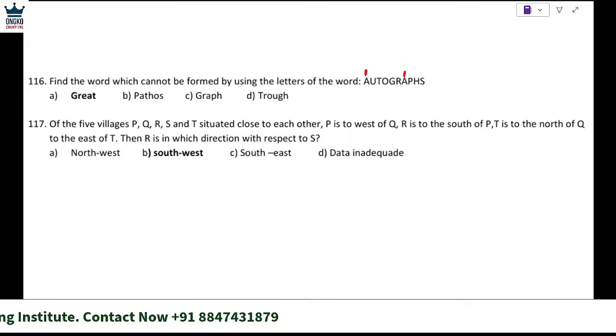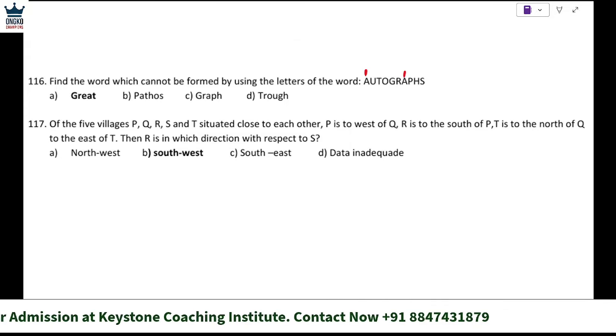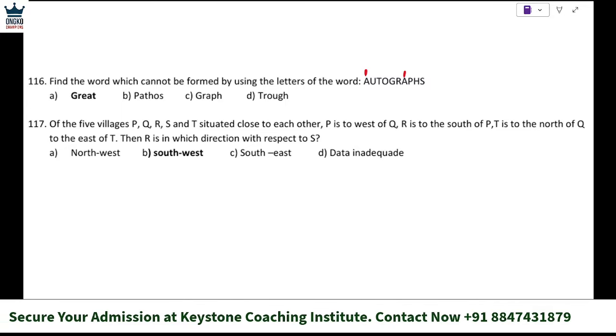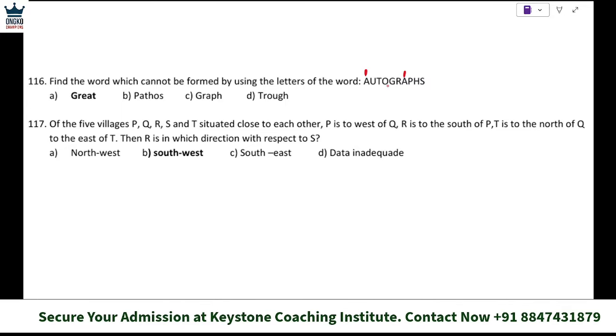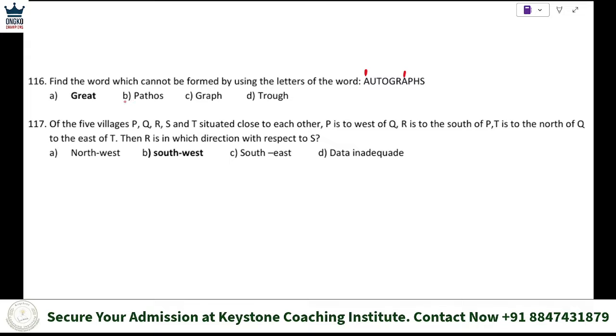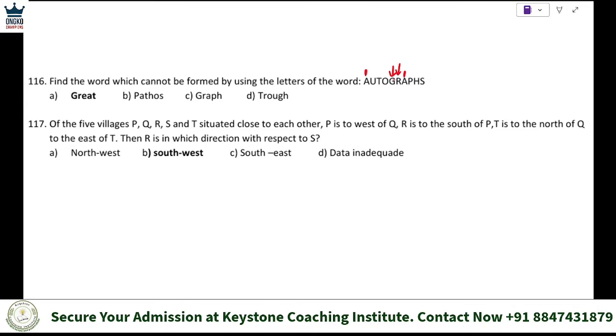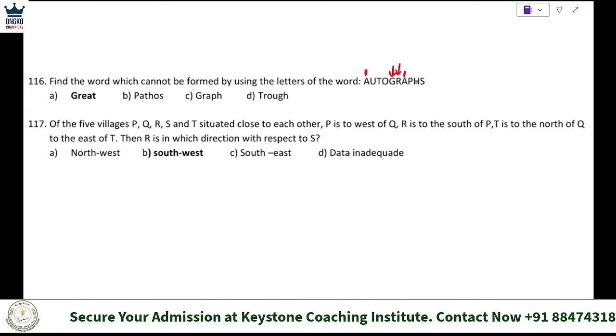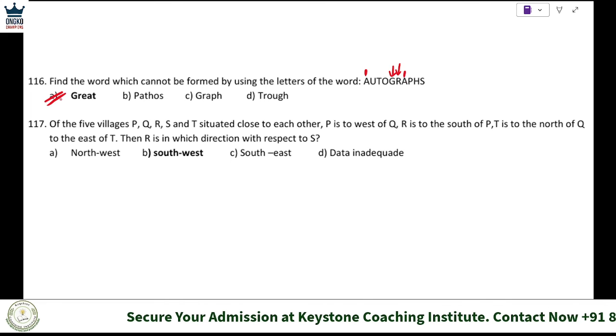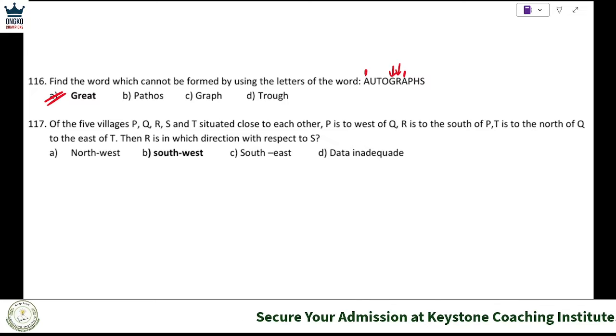So you cannot use 3A in one word because we have only 2A. So GREAT. G is there, R is there, but there's no E. E is not there. This is the answer.